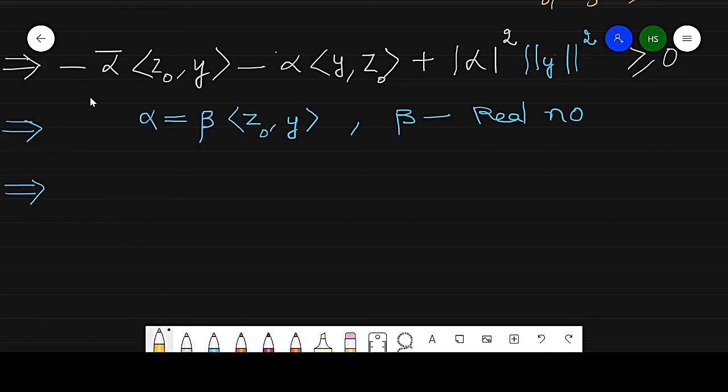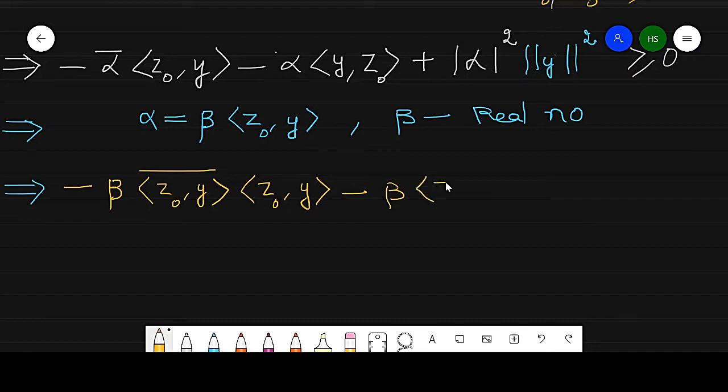From the alpha conjugate, first it is minus, alpha conjugate means beta, a real number, and next is the conjugate of z0 comma y. Next minus, what is alpha? Alpha is beta into z0 comma y. So y comma z0 can be written as the conjugate of z0 comma y.